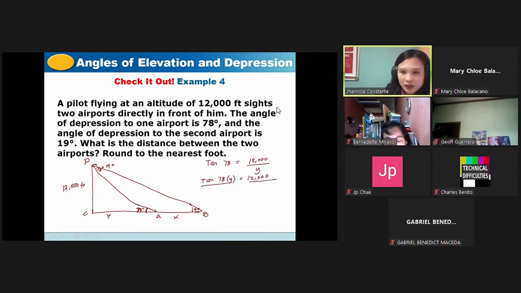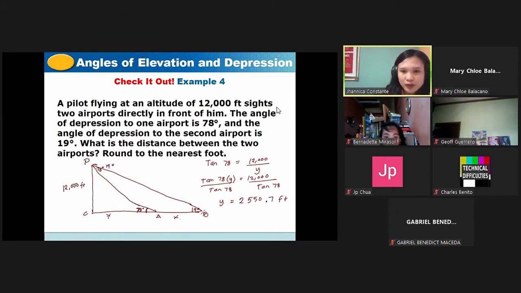Divide both sides by tan 78. So y is equal to 12,000 divided by tan 78, which is 2,550.7 feet. So that's the distance of the first airport to the airplane.